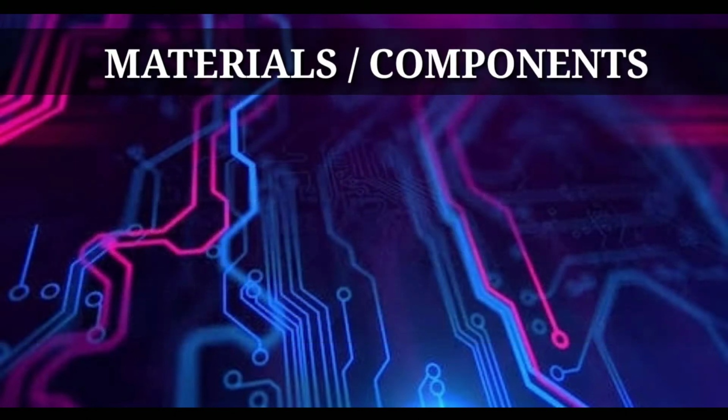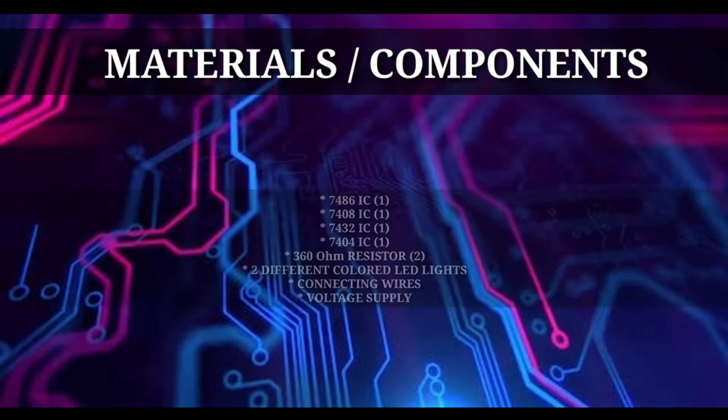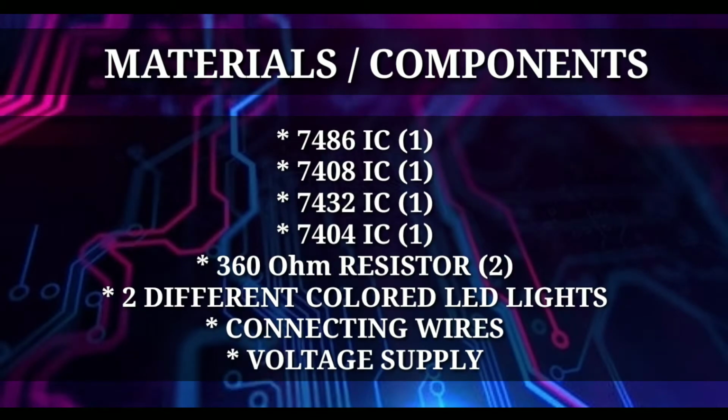Now, these are the materials or the components that we will be needing for the experiment. We will be needing one of each: a 7486 XOR gate, a 7408 AND gate, a 7432 OR gate, and a 7404 NOT gate.